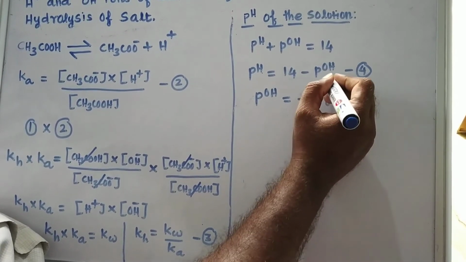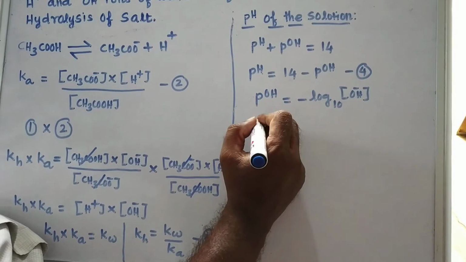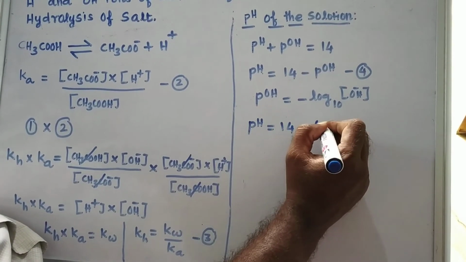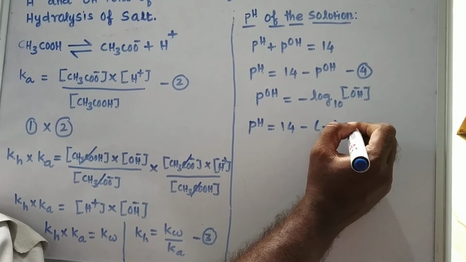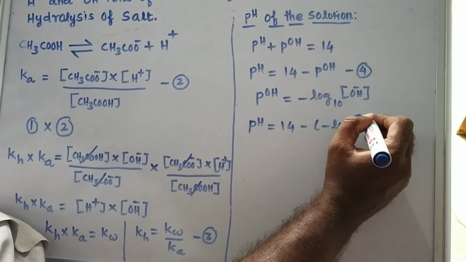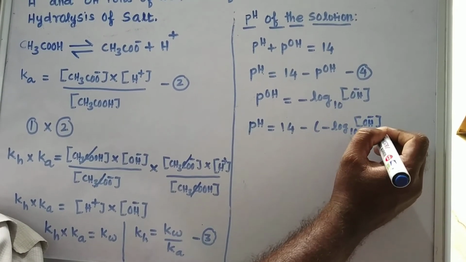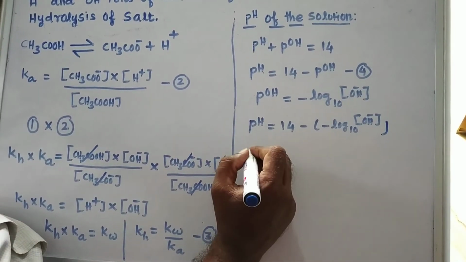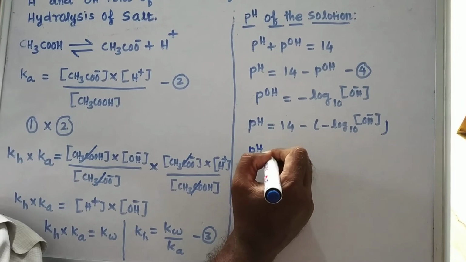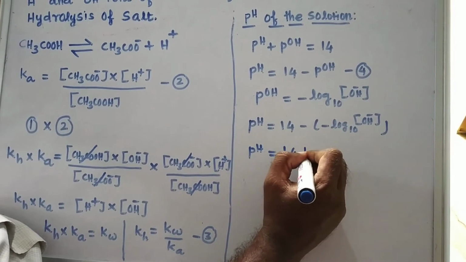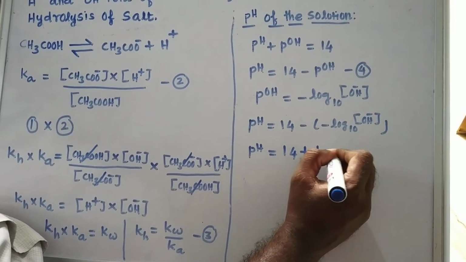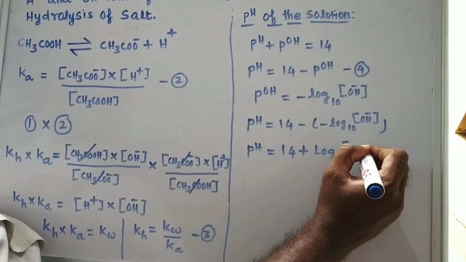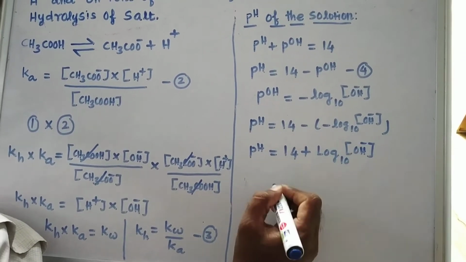Substitute this value in equation number 4. Then pH is equal to 14 minus, minus log base 10 of the concentration of the OH minus ion. Then it becomes pH equal to 14 plus log base 10 of the concentration of the OH minus ion.